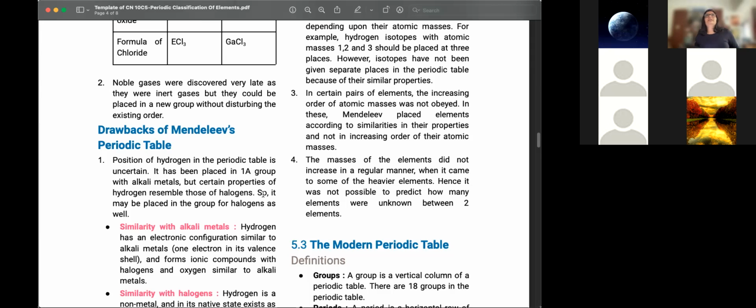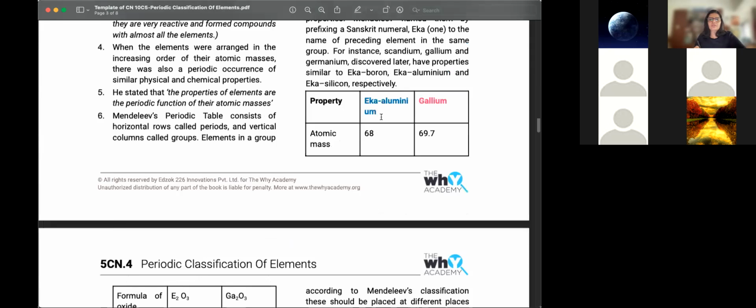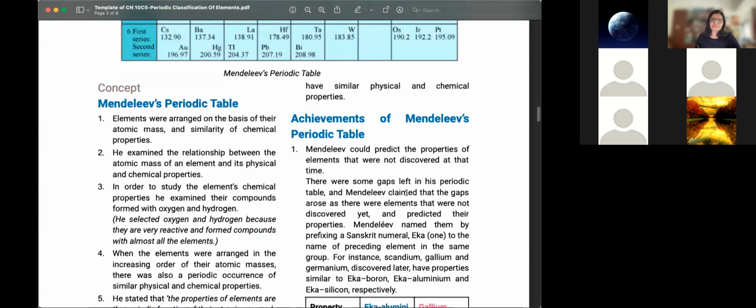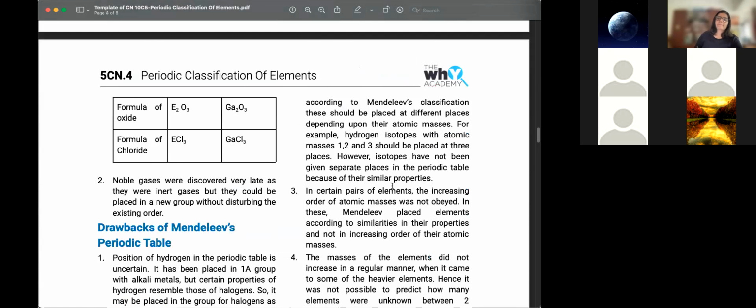So even though they were not discovered during Mendeleev's time, his table was organized enough, because he prioritized similar physical and chemical properties, that you could simply add another column on the right side here and add all the noble gases at the end. It did not disturb the rest of the table. Discovery of new elements basically did not disturb the rest of the table. Yeah, so those are the advantages, achievements of Mendeleev's table.